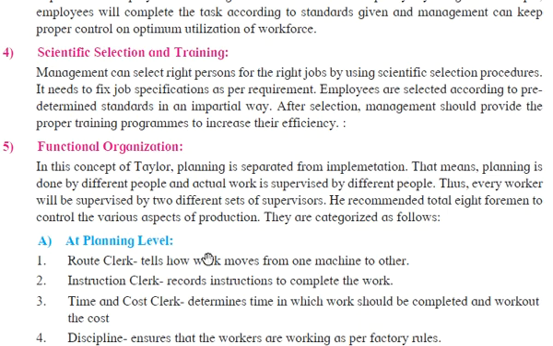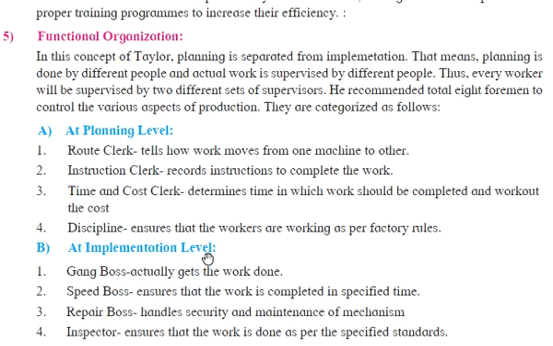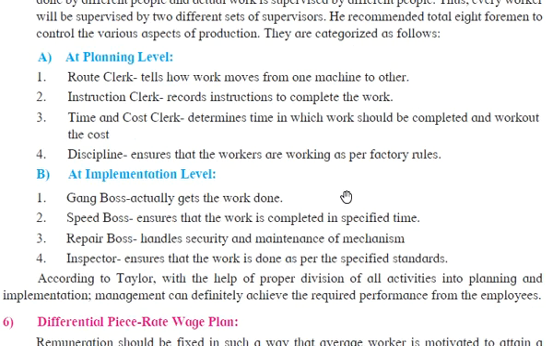And next is functional organization, that is, planning level. At planning level, the route clerk tells how work moves from one machine to another, the instruction clerk records the instructions to complete the work, the time and cost clerk determines the time in which work should be completed and works out the cost, and the disciplinarian ensures that the workers are working as per factory rules.